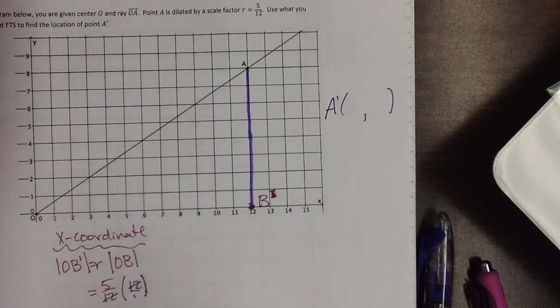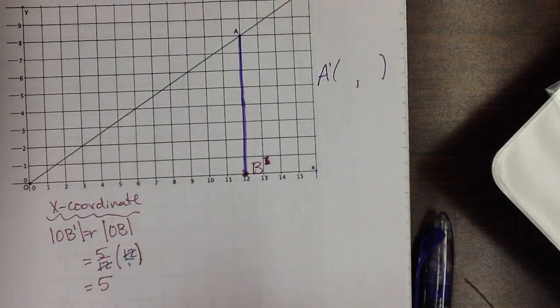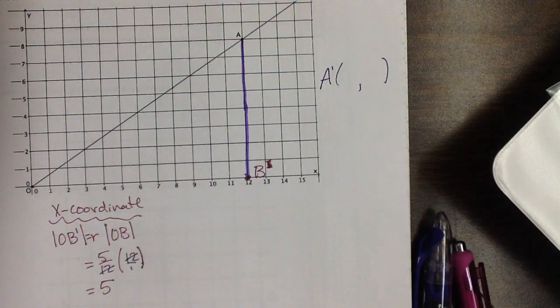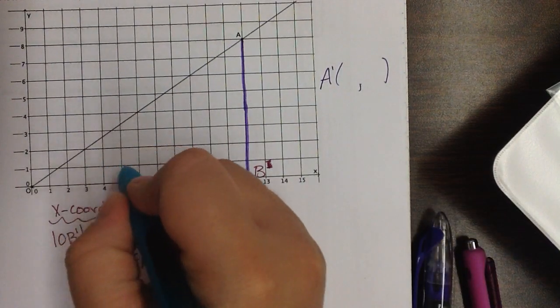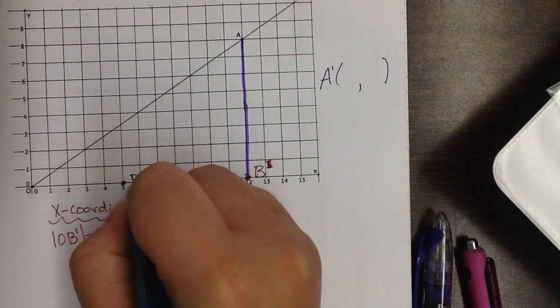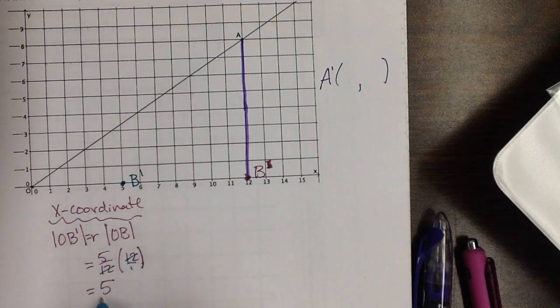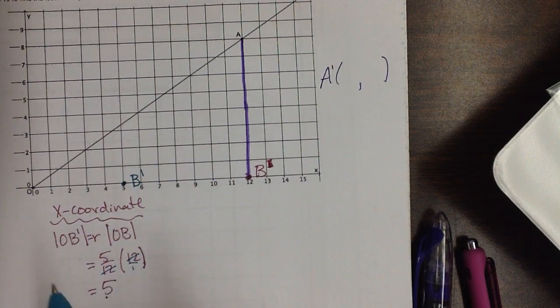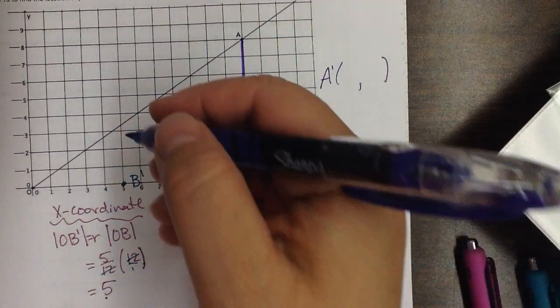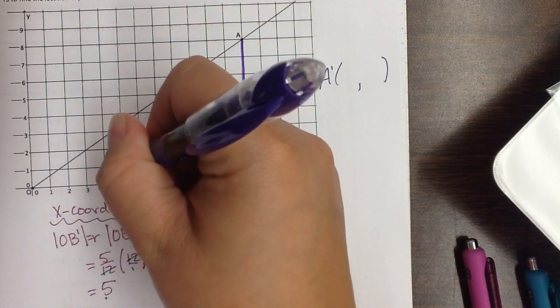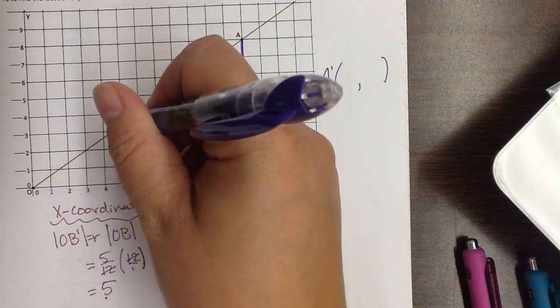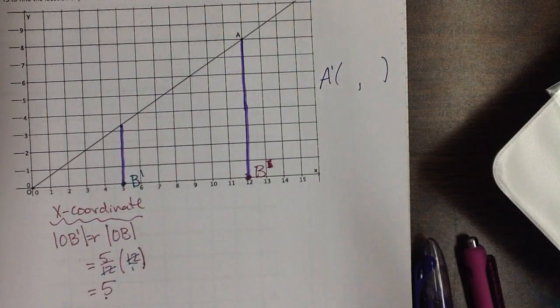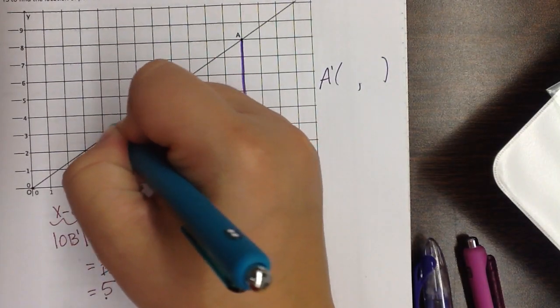These two cancel, and we're left with the distance from O to B prime being 5. Okay, so at 5, I'm going to put a point, and that would be B prime. Then you can draw straight up on the vertical line, and that is where A prime will be located.